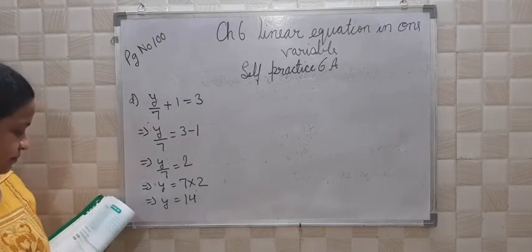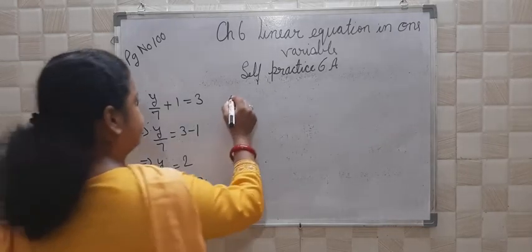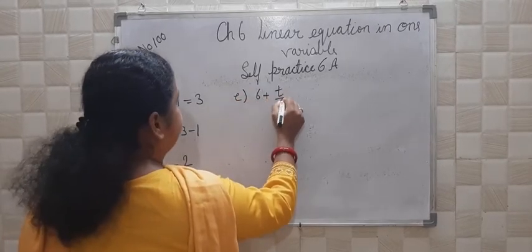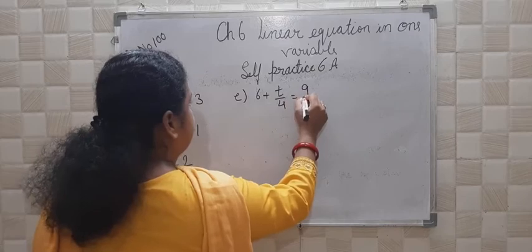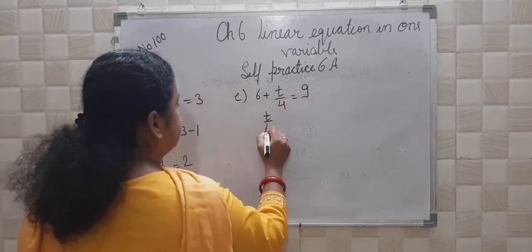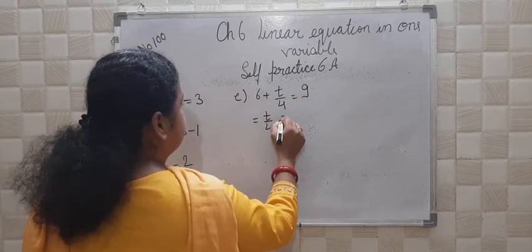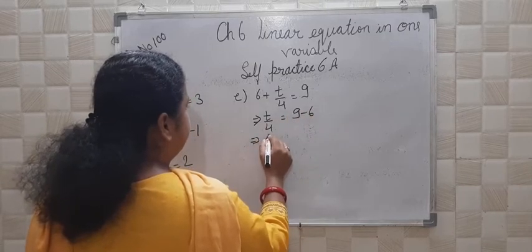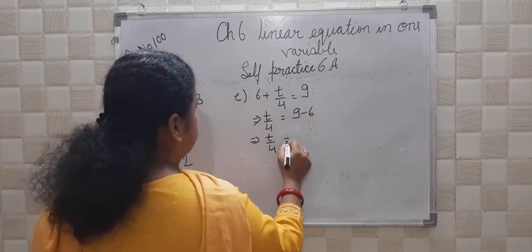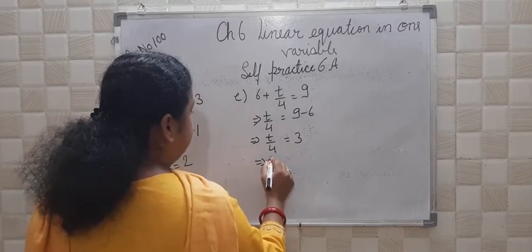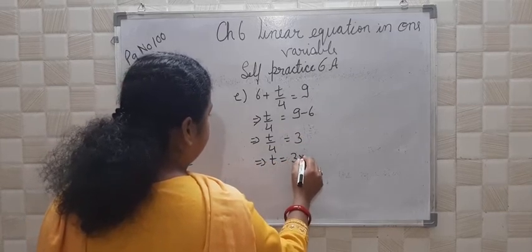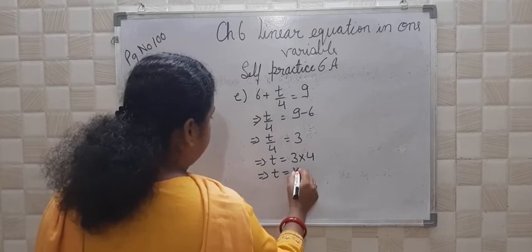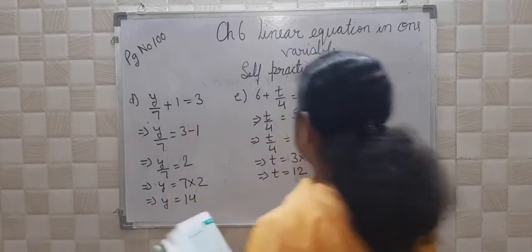Now see the E part. 6 plus t by 4 is equal to 9. t by 4 is equal to 9 minus 6. t by 4 is equal to 3. t is equal to 3 into 4, which implies that t is equal to 12.